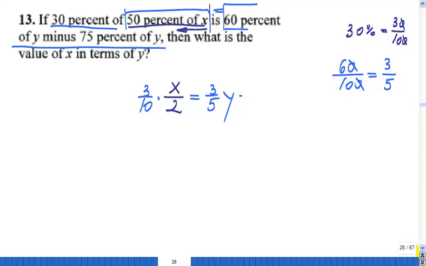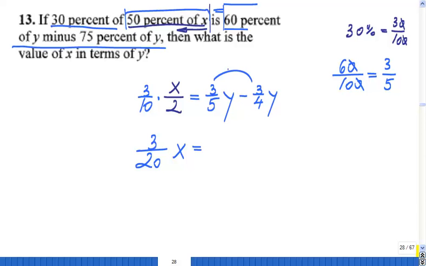So 3/5 y minus 75% of y, which you know is 3/4 of y. And what is the value of x in terms of y? On the right side, I got 3 over 20 x, which should equal 3/5 minus 3/4.